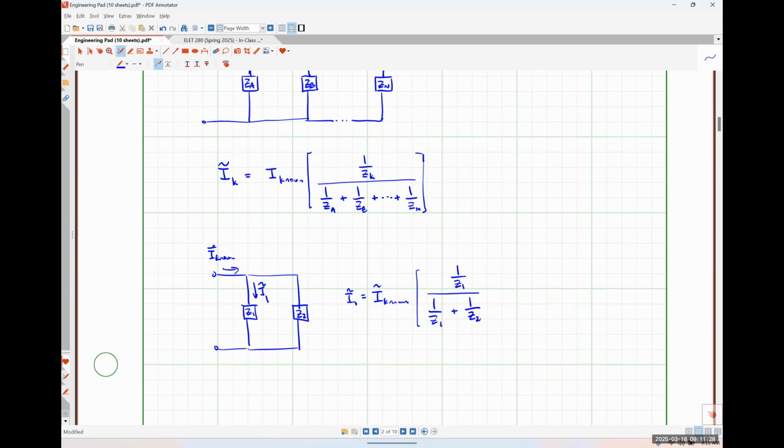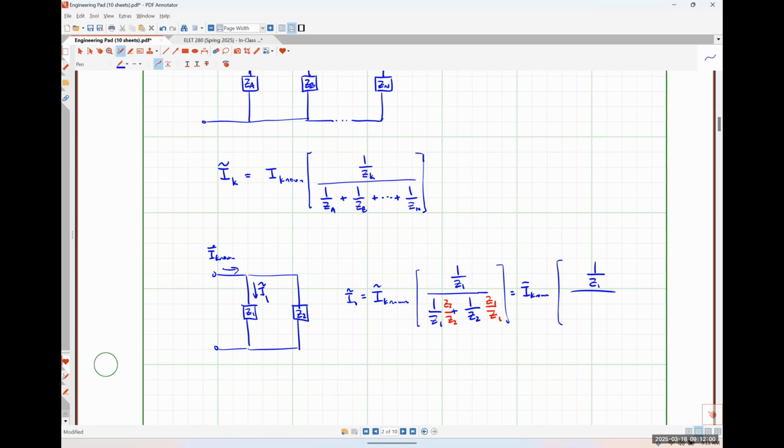Now, right here, I'm just going to show you that it's equivalent to the way that you learned it, okay? So what I'm going to do is multiply this 1 over Z1 by a factor of Z2 over Z2, because that's just a fancy representation of the number 1, right? And I can multiply 1 over Z2 by Z1 over Z1, like so. And what that's going to do is give me I known times 1 over Z1.